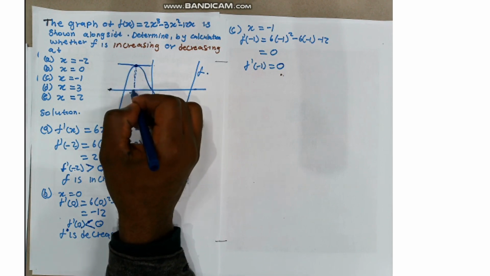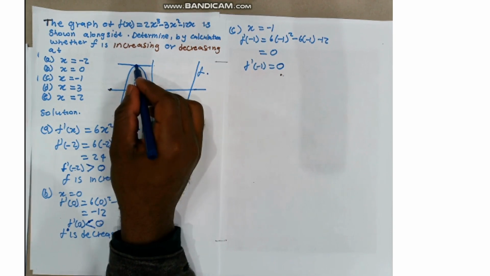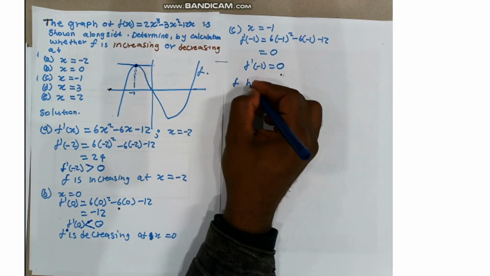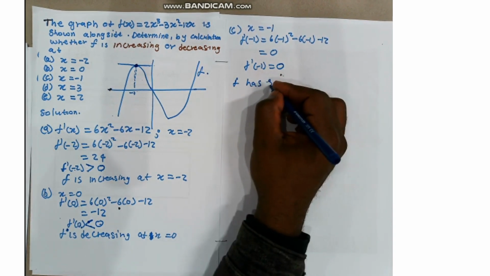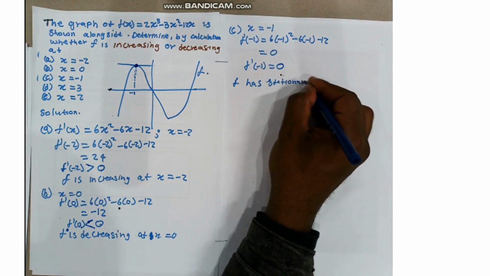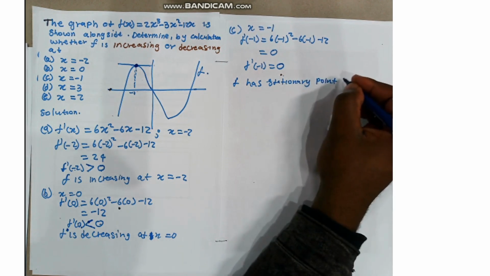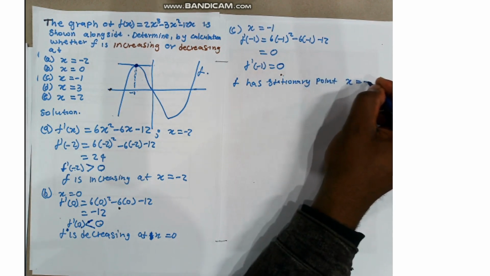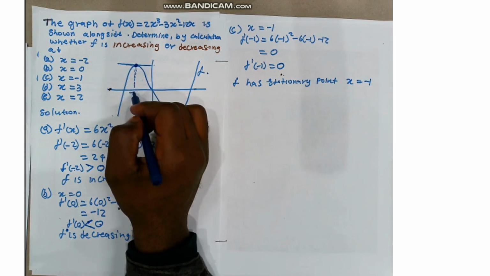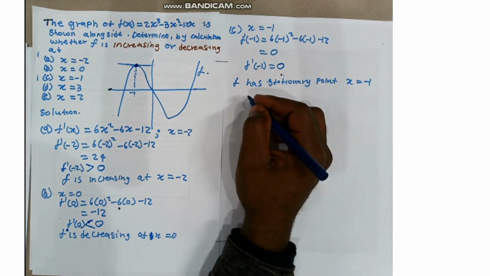So f has a stationary point at x is equal to negative 1, because our f prime of negative 1 is equal to 0.